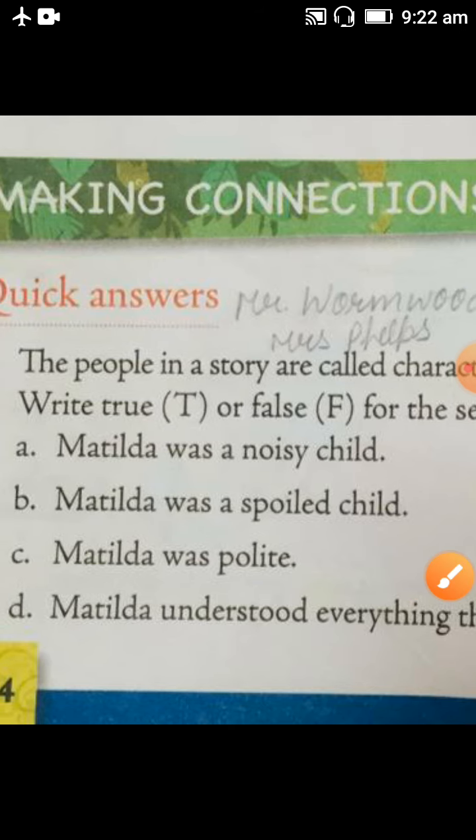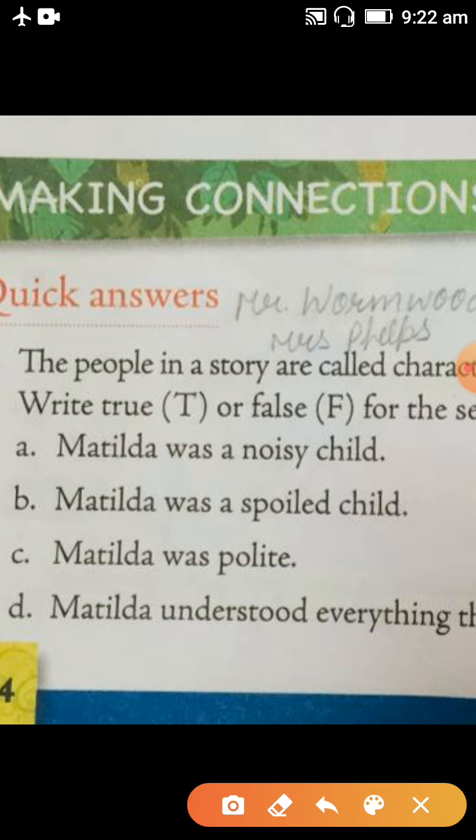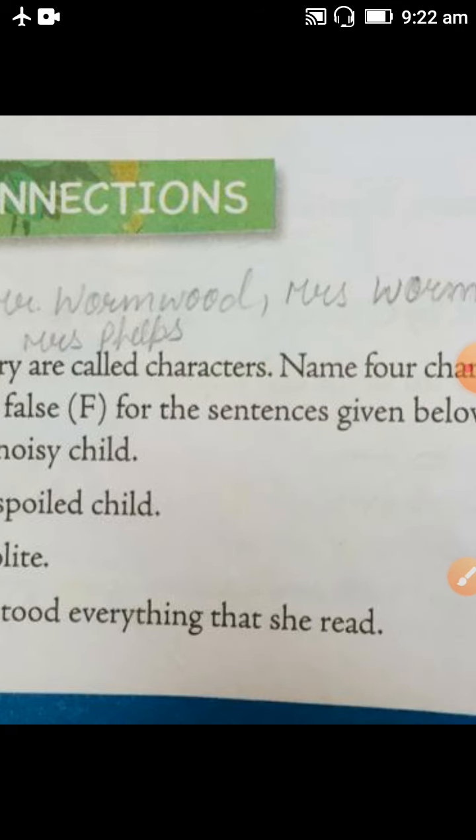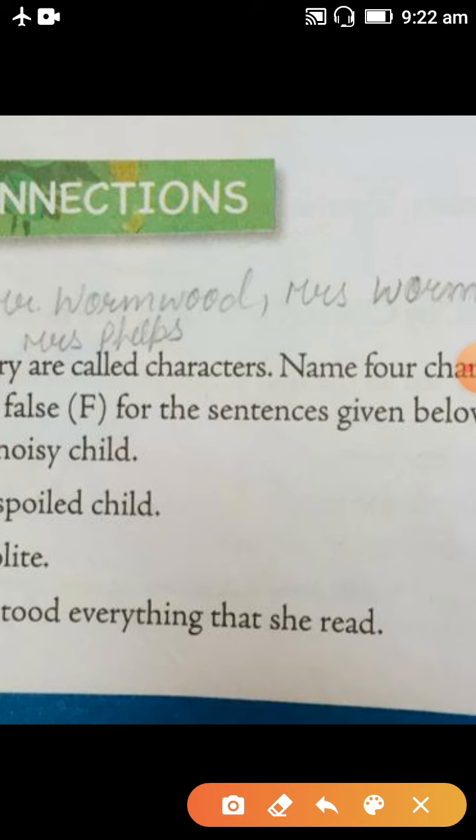Next, Matilda was polite. Yes, she was polite. This is true. Next, Matilda understood everything that she read. No, she didn't understand everything she read, because there are some things, as we studied in the chapter, that some writers write some different words which every reader cannot understand.